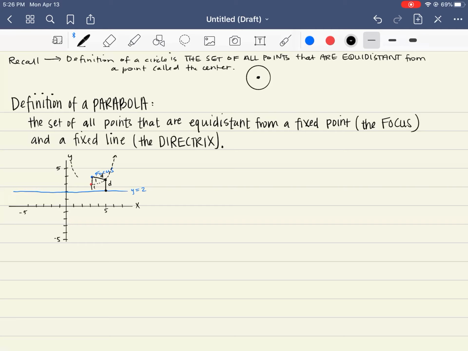And we could do the same thing with our symmetry coming down this side. All of these points, so this point on the graph, should be the same distance away from that focus. Obviously this would be a different D value, but it would be the same distance away from the focus as it is from the directrix.